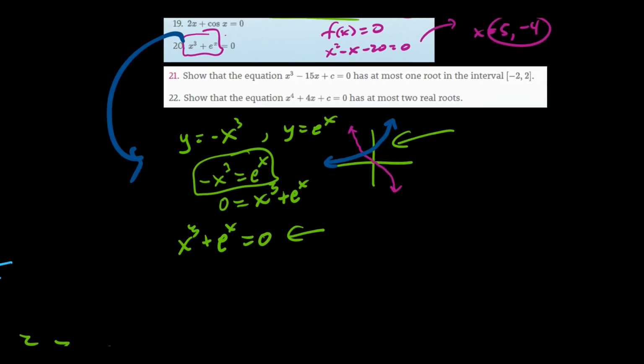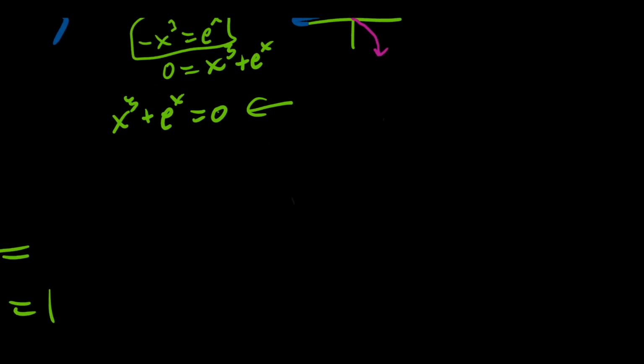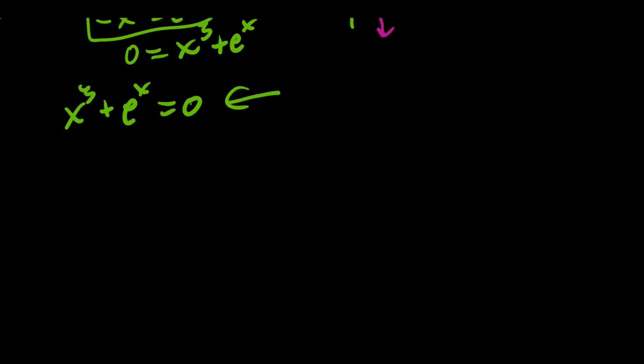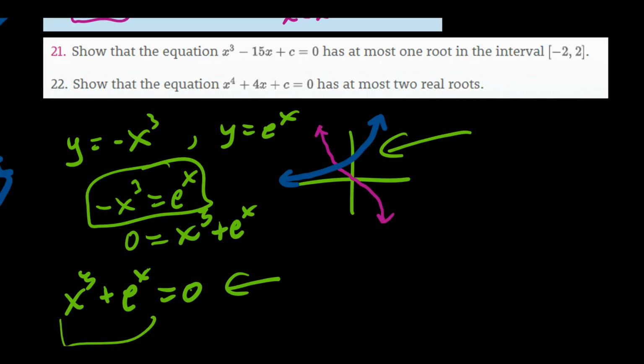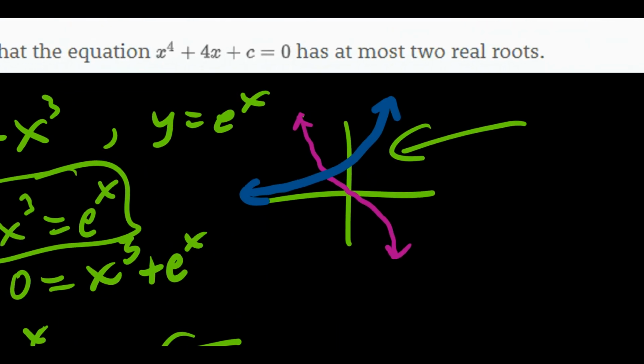So to do that, we can use the intermediate value theorem. Let's plug in a value here, like negative 1. The idea is we have an idea of where the root might be.